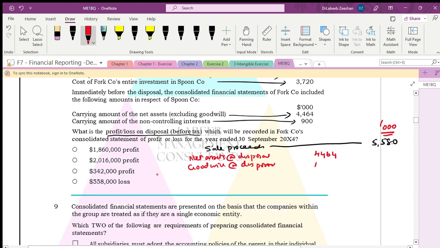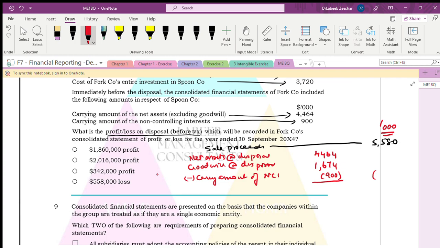Less the carrying amount of the NCI, which is 900. We have to remove this. Then we can say whether we got a profit or a loss. How much do we get? 4464 plus 1674 minus 900.